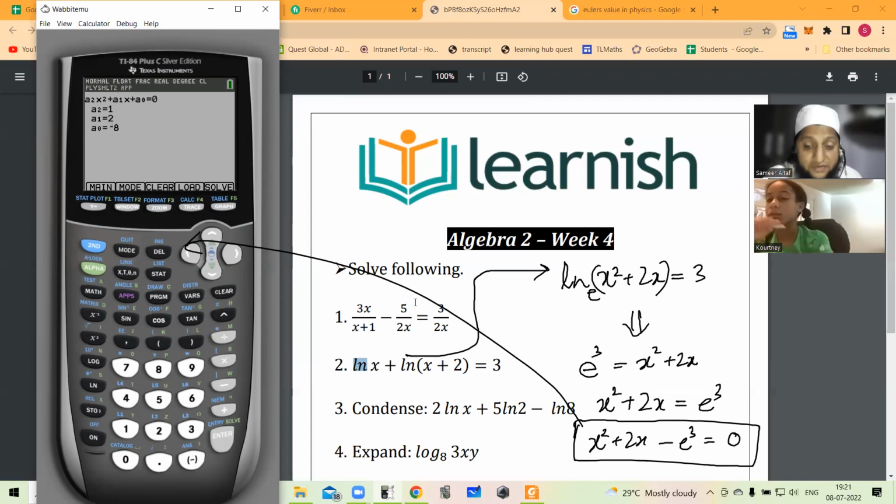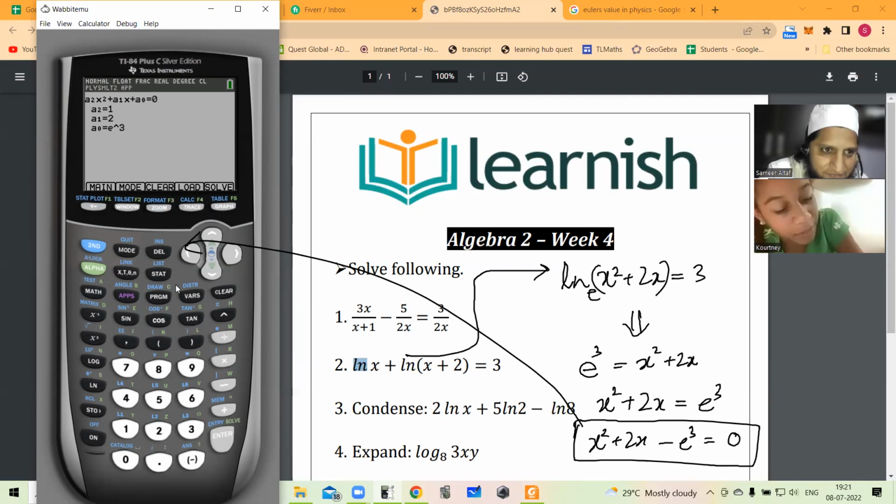E is 2.718. That's a constant, right? It's not a variable. I'm having e here, you see, very small e. Or else here also I'm having e. So I can use e to the power 3.